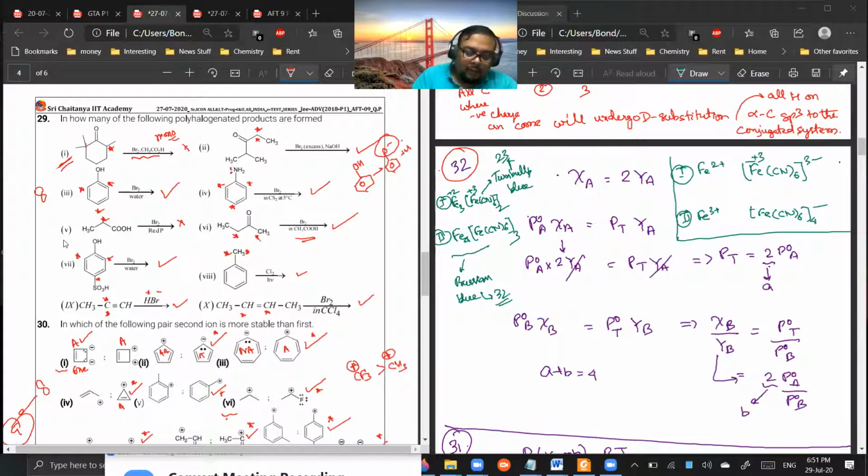So only in 1 and 5 you won't have polyhalogenated products. In all other cases, you have a possibility of polyhalogenated products. Okay, so 30th.